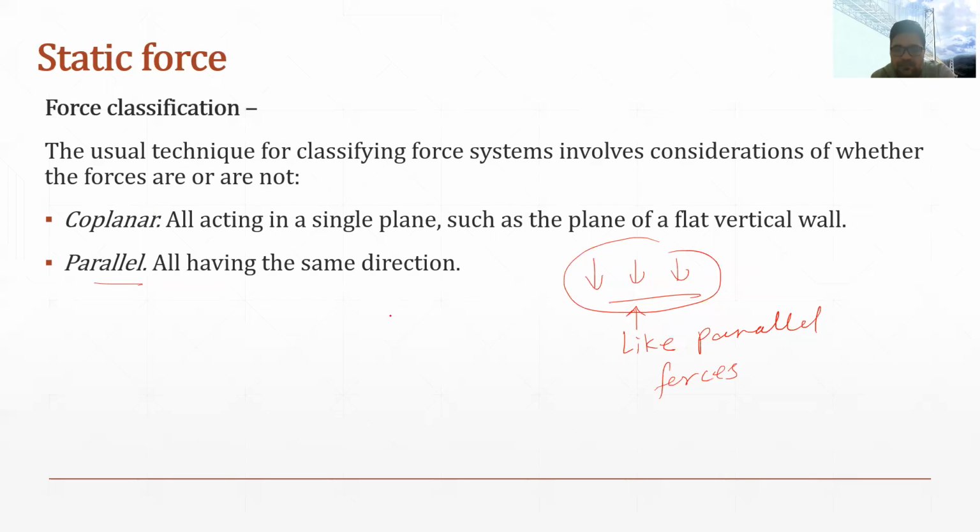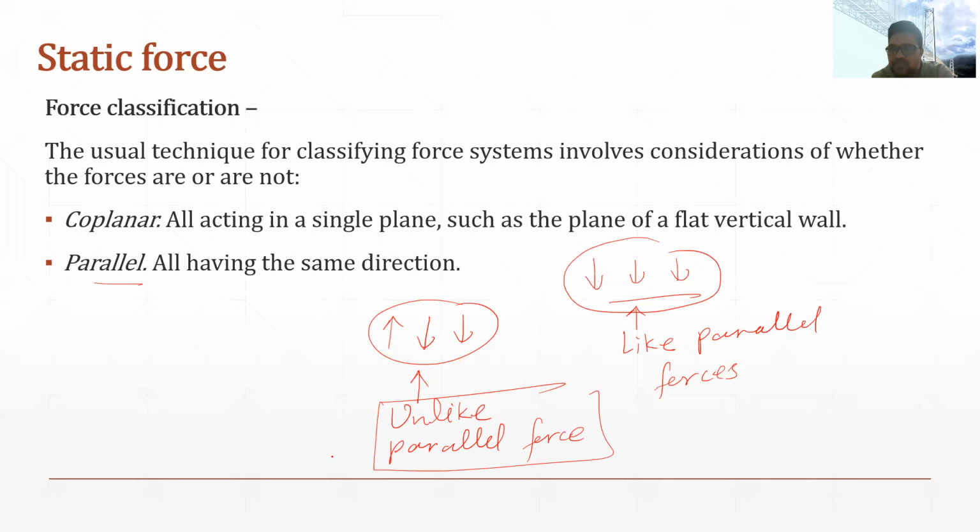And if the sense of the force is different but they are parallel, you can see here this force has a different sense and these two forces have the same sense, in that case we will call them unlike parallel forces. This kind of force system, unlike parallel force system and like parallel force system, generally occurs in our analysis. So we need to understand what this whole system is about.